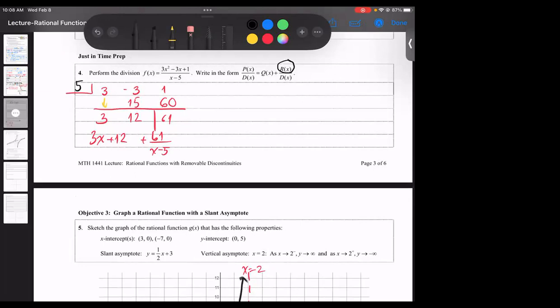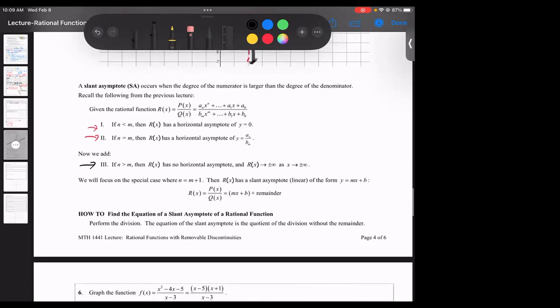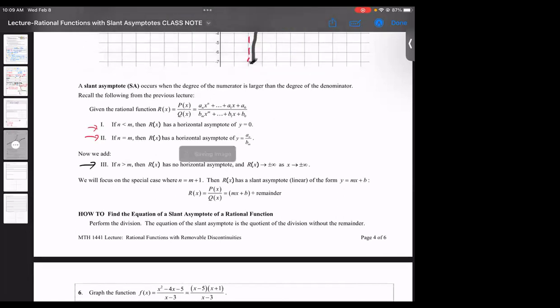The first one right there is the remainder, and this R here is the rational function, the top polynomial P divided by Q. Don't worry about the notation, okay? All you have to know is that your slant asymptote will be the linear quotient. That's all you have to know. Notation confuses you. So in this case, my slant asymptote will be this one right here.